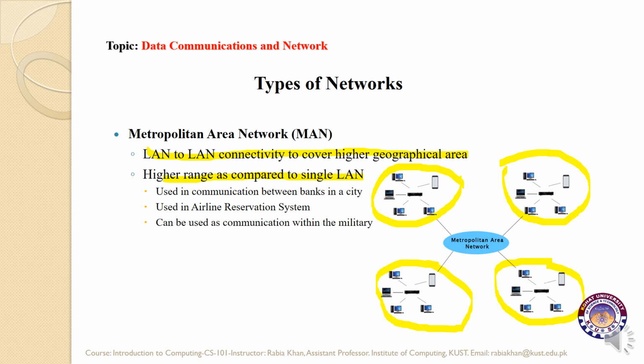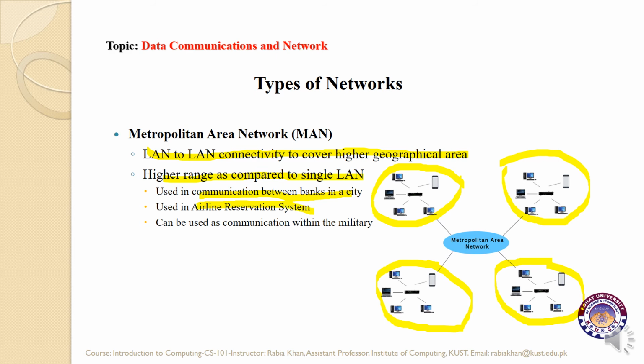It has uses, such as communication between different banks within a city. So a bank may communicate with its different branches within a city through a MAN. A LAN is developed inside a building or office, another branch may have its own LAN, so two LANs may communicate to form a MAN. Similarly, it can be used in an airline reservation system.